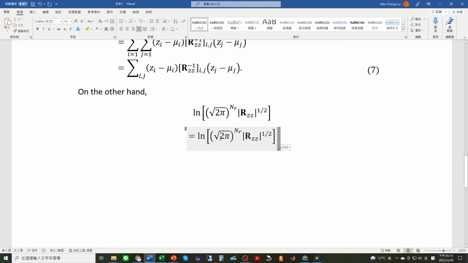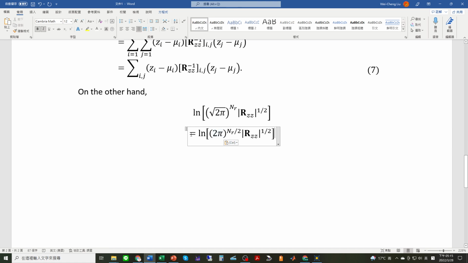And let me remove this square root to here, to the nr/2 power. And I copy 2 pi to here. Okay, like this.